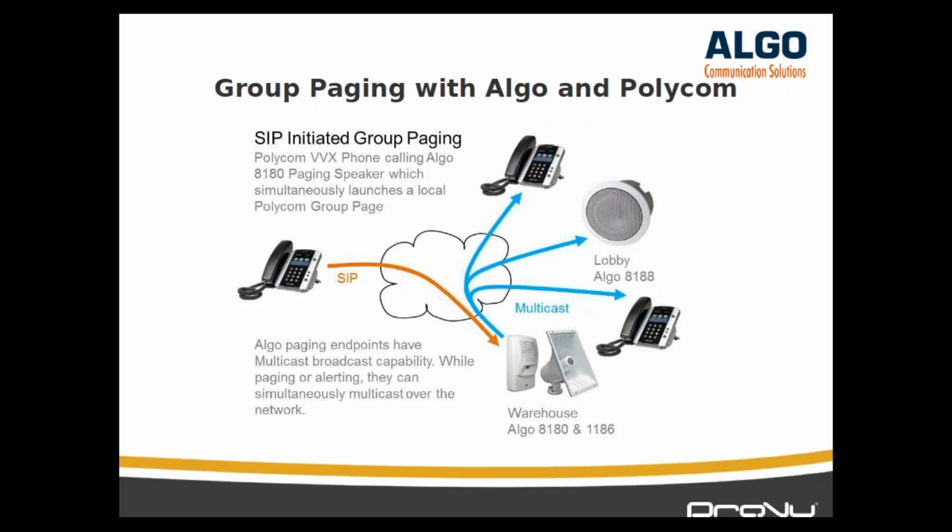Let's say, for example, you have a couple of these VVX phones around the different networks around the system. You have one of these Algo 8186 IP speakers maybe connected to an 1186 horn speaker, and you pick up a handset and make a SIP call to the Algo 8180, and the Algo 8180 is set up as a multicast server.